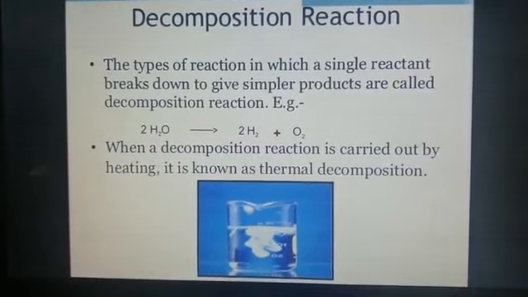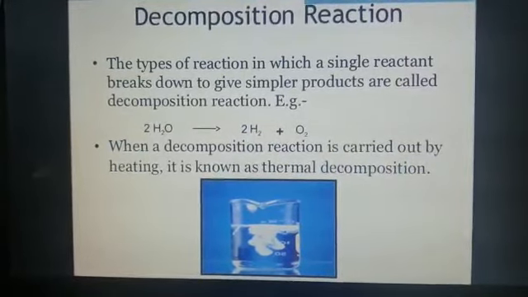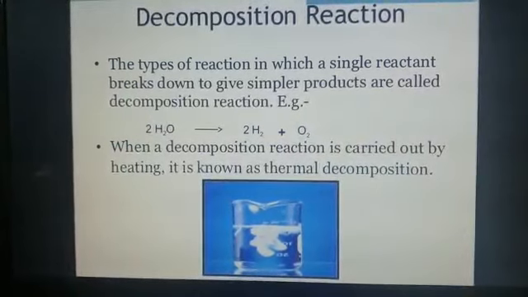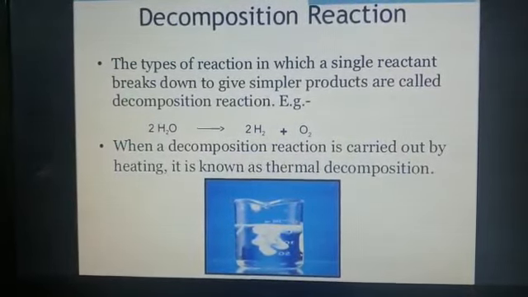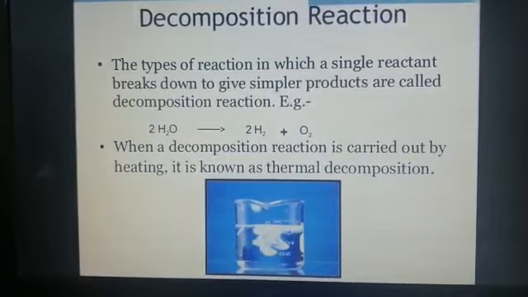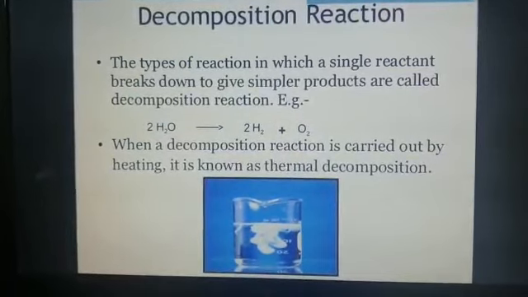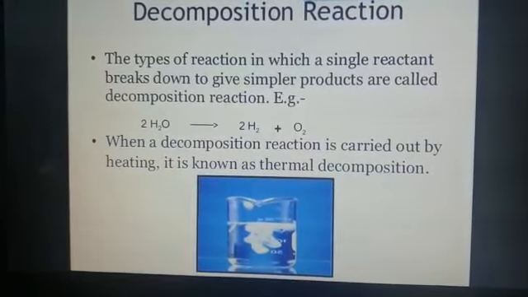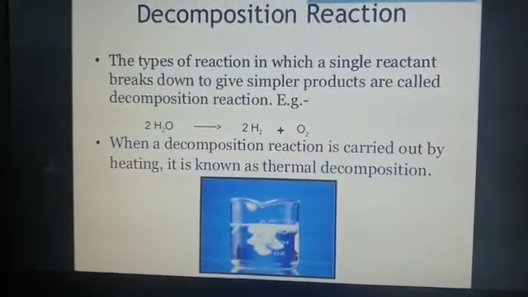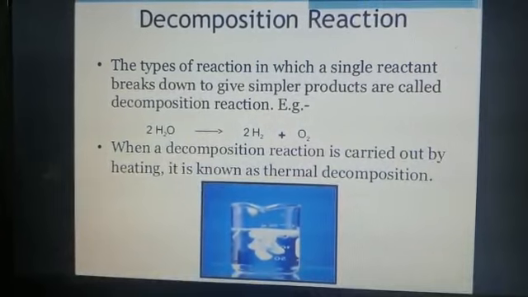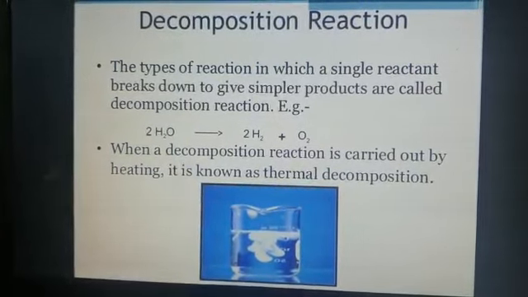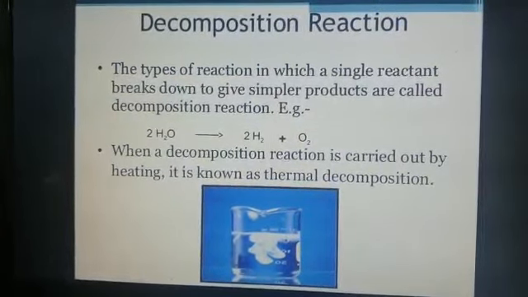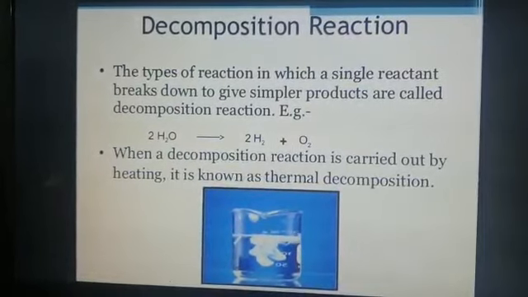See, to break any compound, we require energy. That energy can be provided in the form of heat, light, or electricity. So decomposition reactions are further divided into three categories. First one is thermal decomposition. Therm means heat.